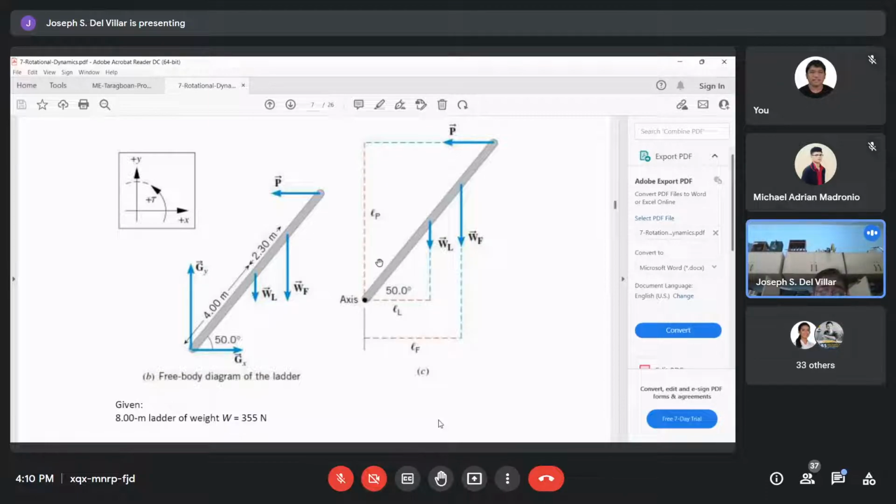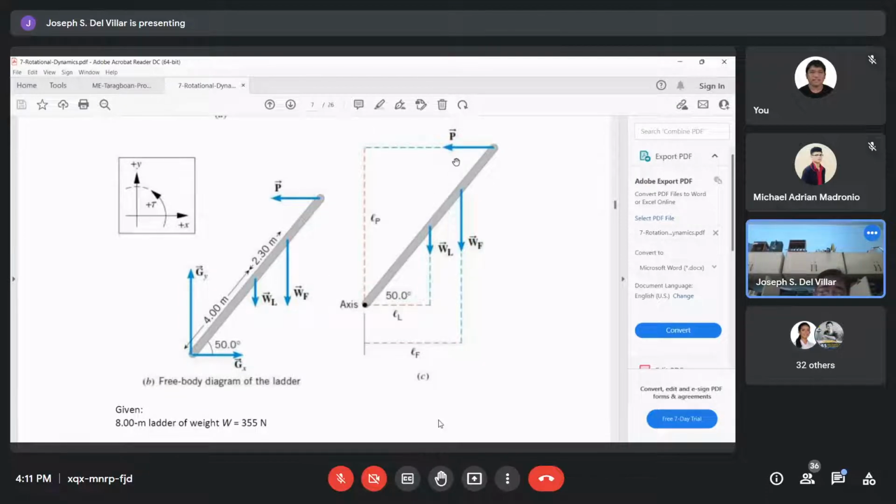Okay? So, kung gagamitin nyo yung 40, yung hypotenuse is the length of the ladder, which is 8 meters. So, yung LP is adjacent to 40. So yung LP is equal to 8 cosine 40. Correct? 8 cosine of 40. Now, kung gusto niyo namang gamitin yung 50 degrees dito sa taas, pwede rin. Opposite yung LP.